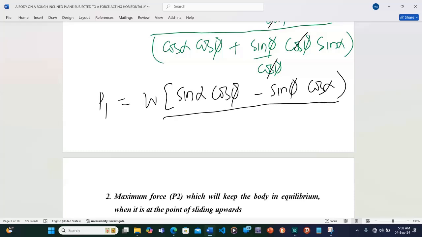I divide this by cos alpha cos phi plus sin phi sin alpha.